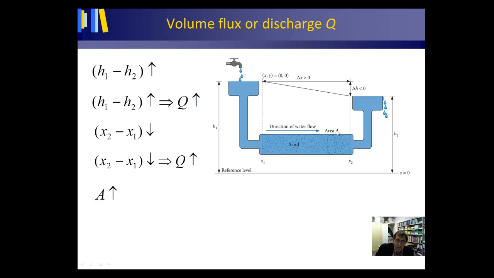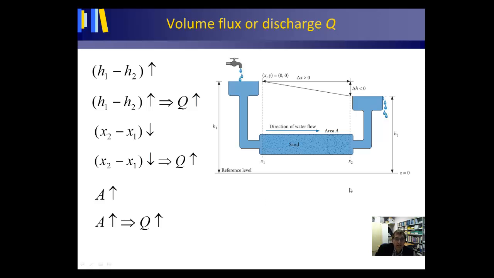What would happen if we would enlarge the area A perpendicular to your flow? Well, of course, if you enlarge this area A, you also enlarge the area of the pores within this area A, and your Q will become larger. So interestingly, water is only flowing through the pores and not through the solid substances. In this instance, when we have sand grains, water is only flowing in between sand grains.